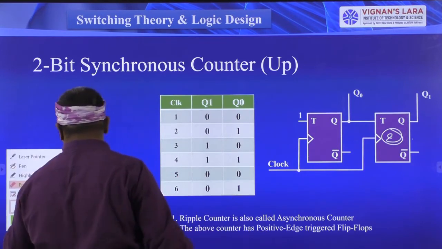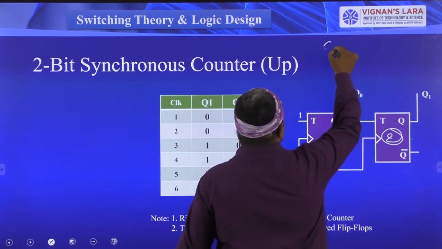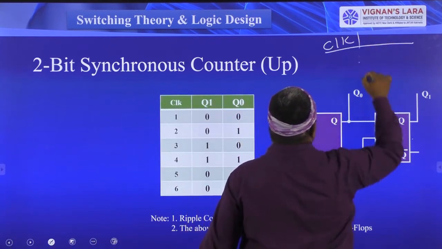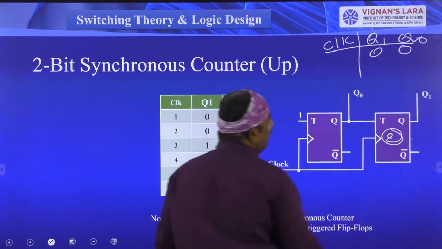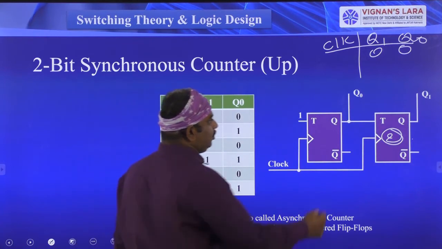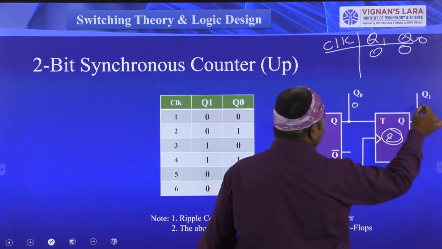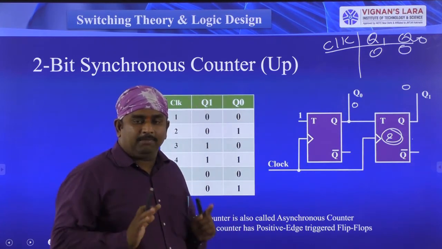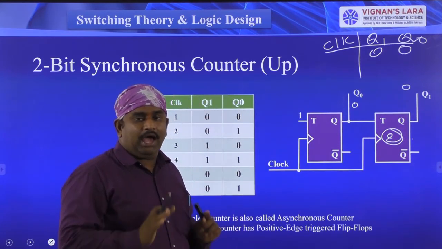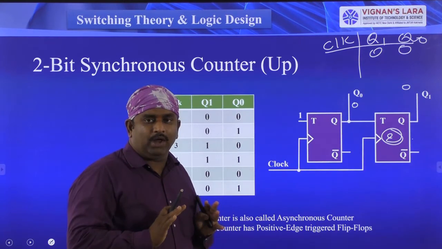Right. So see here, I am giving the clock signal, and here this is the Q1 output, Q0 output. Previously, I have both outputs as 0, 0. So this is the 0 value. Here also we have 0 value. Now I am giving a single clock signal, and both the flip-flops are working at a time.